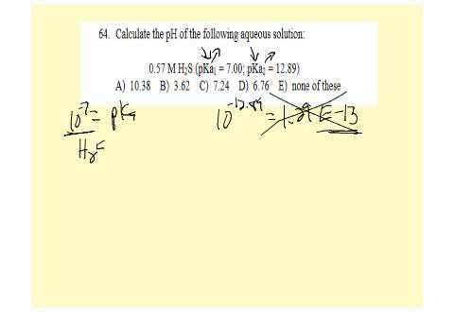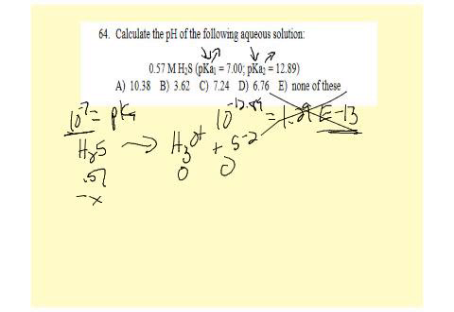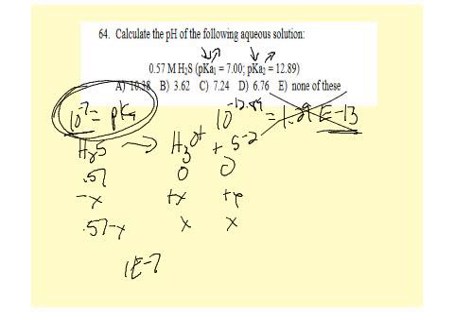So H2S, again shortcutting it, H3O positive, S negative 2, so 0.57, 0, 0, minus X plus X plus X, 0.57 minus X, X, X, 1 e negative 7, which is from here. Ka1 is what I'm using. I'm ignoring Ka2 because its contribution is negligible.